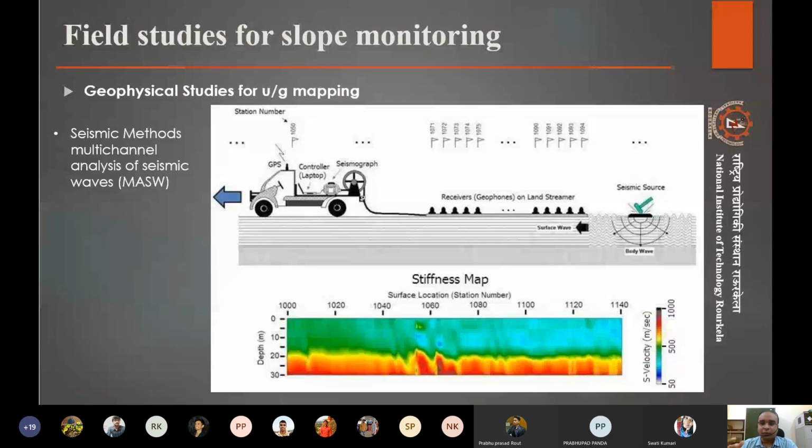Those that go through the body of the material are called body waves, and they pass through the full material involved. Some waves travel only on the surface or a small portion near the surface. Those are called surface waves. The primary and secondary waves, in short the P wave and S wave, are body waves that travel through the body of the material.